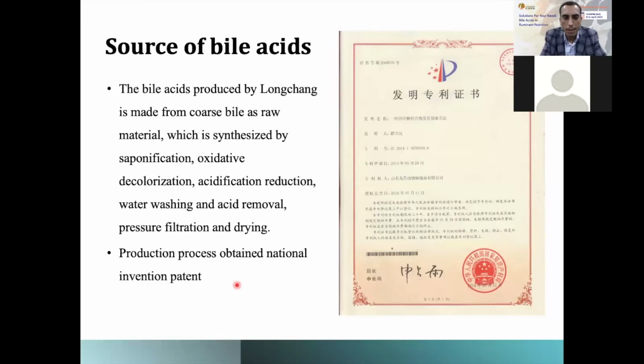The synthesis of bile acid goes through many steps: saponification, oxidation, acidification, reduction, washing and acid removal, and the last step of drying and packaging to be sold for animal use.